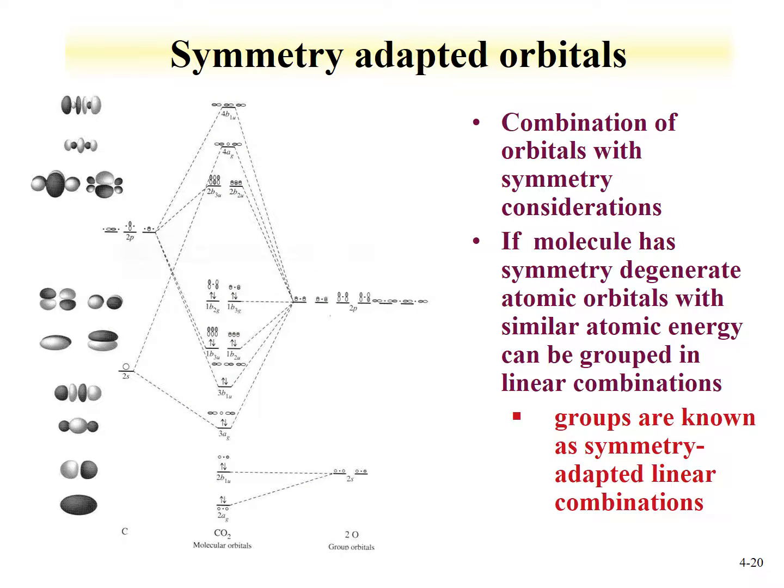More complex views of these molecular orbitals can be found using symmetry-adapted linear combinations of orbitals. Here we look at the atomic orbitals and match out the molecular orbitals by having the best overlap between the atomic orbitals. This is for carbon dioxide.